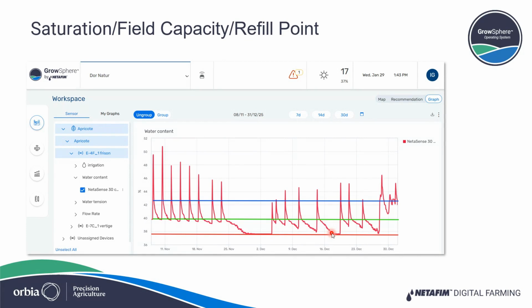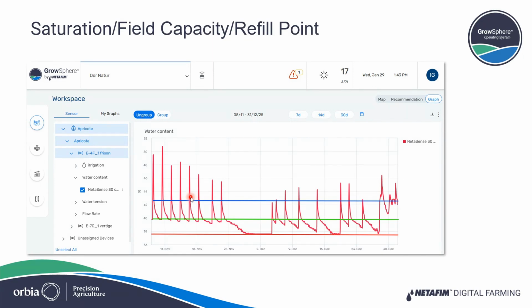In order to reduce the water loss, you have to first find the field capacity, and irrigation should be above the field capacity to ensure to flush the salts, but not too much higher than that, because then, like here, you will lose the water to the depth.